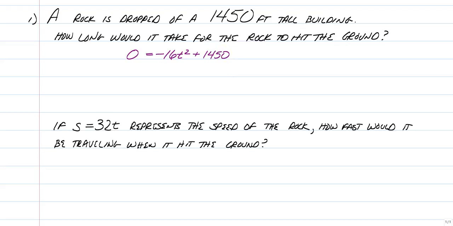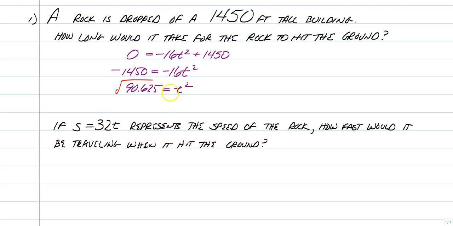To solve this, that's simple. We're just going to use square roots. So we're going to subtract 1450 from both sides. And then we're going to divide both sides by negative 16. And that would give us 90.625 is equal to t squared. Now that means our time is squared, so to get rid of that we have to square root both sides.